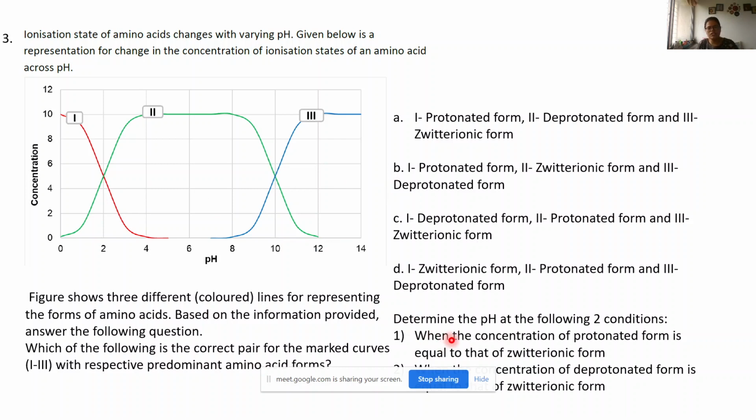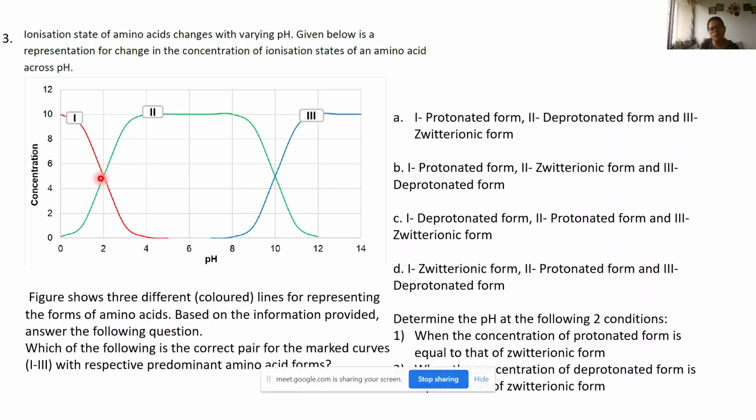And the second question is when the concentration of protonated form is equal to the zwitterionic form. You can figure out that the concentration of protonated is decreasing, and right at this point the concentration of zwitterionic form is increasing.